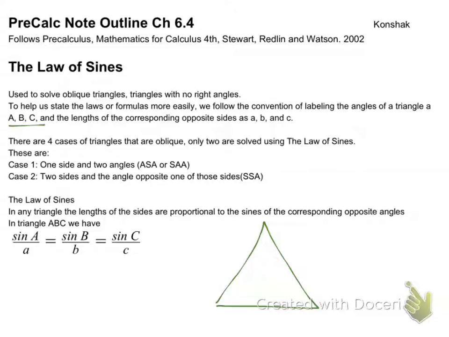A, B, and C, capitals, as my angles. I am then going to go back and use lowercase a, b, c for their sides. And their sides will correspond to the opposite of an angle, aka the angle will open to its lowercase letter. So, what does that mean?